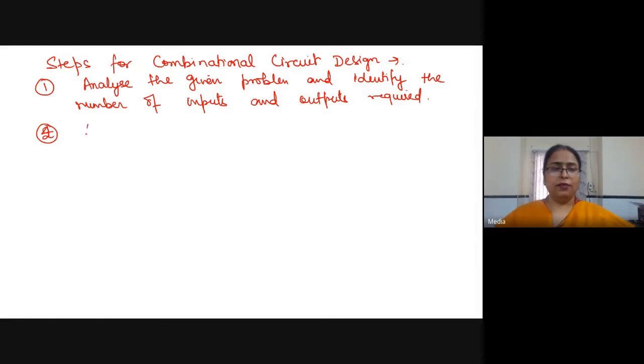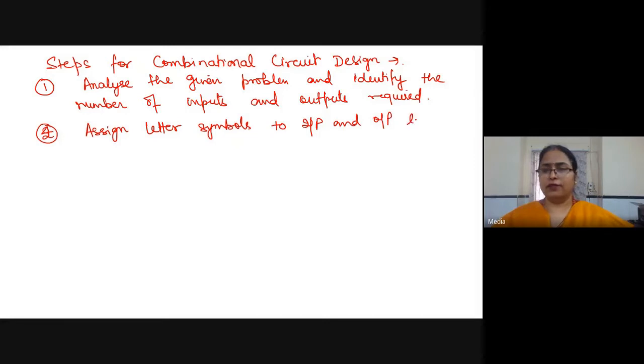Then the second step is to assign letter symbols to the inputs and output lines. Letter symbols means A, B, C, D for the inputs, and for the output Y or O or Z, anything you can assign.